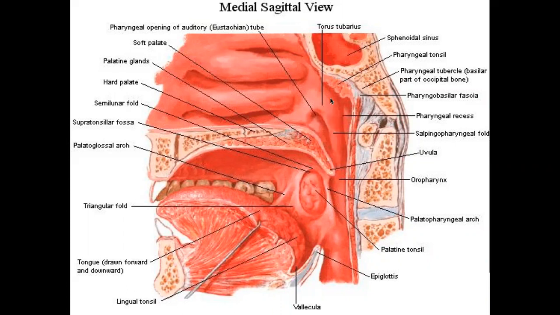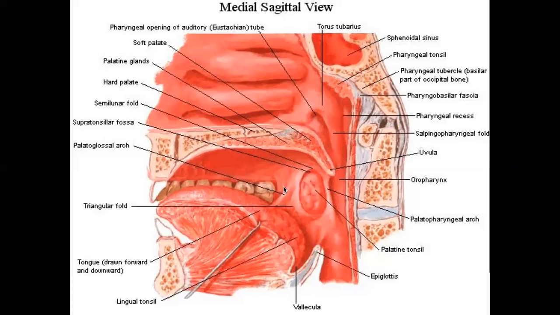This fold contains one more thin small muscle, called salpingopharyngeus. Then what else can we see? We can see tonsils: the pharyngeal tonsil at the roof, and on both sides the tubal tonsil in the tubal elevation. Behind the salpingopharyngeal fold, we can see a depression which is called the pharyngeal recess. All this constitutes the nasopharynx.